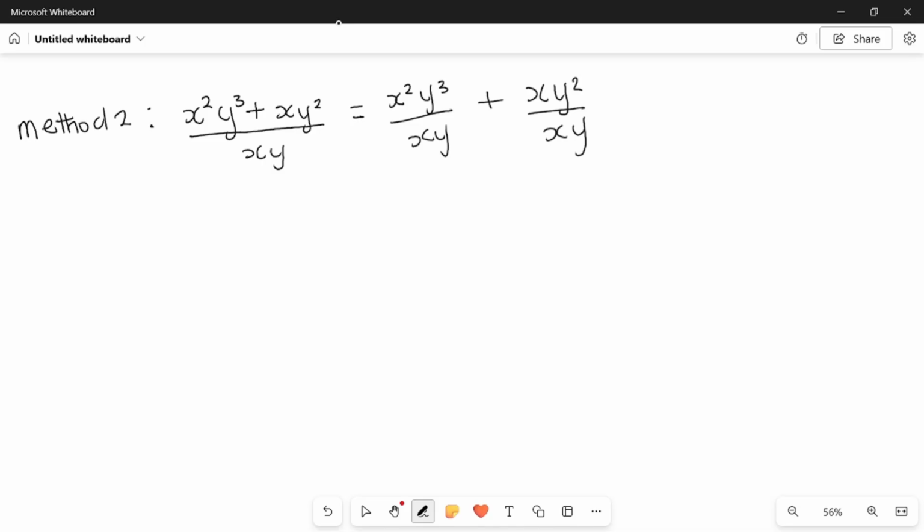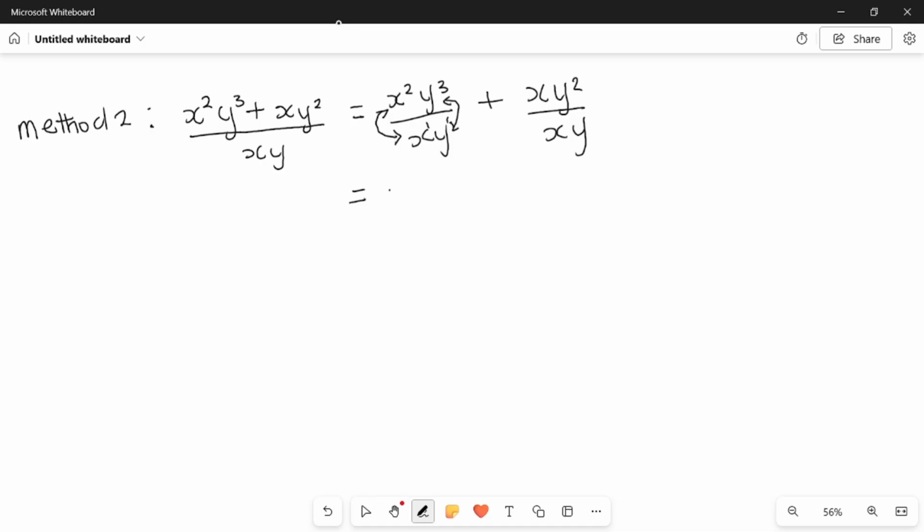So now from our laws of indices, we know that the base here x and here x are the same, and they are dividing. So we simply subtract their powers, and here too y and y are the same. So we simply subtract their powers or index. X here is raised to the power 1 and y here is raised to the power 1.